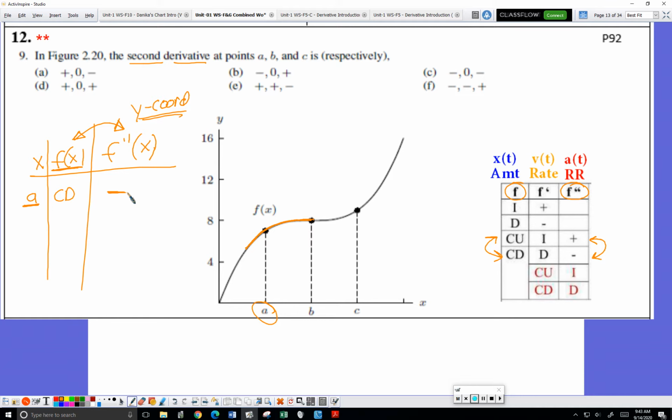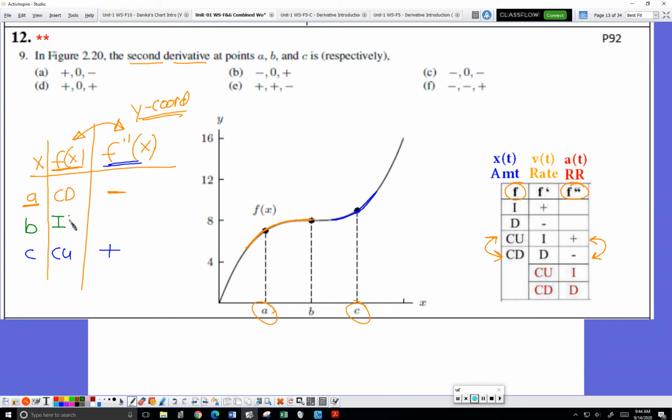If I go to point C, we'll skip B for a second. At point C, I notice on F itself, F is concave up. So on F double prime, the y-coordinates will be positive. At x equals b, F has what's known as an inflection point.